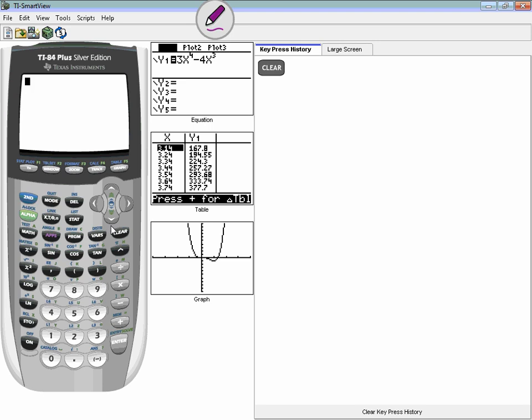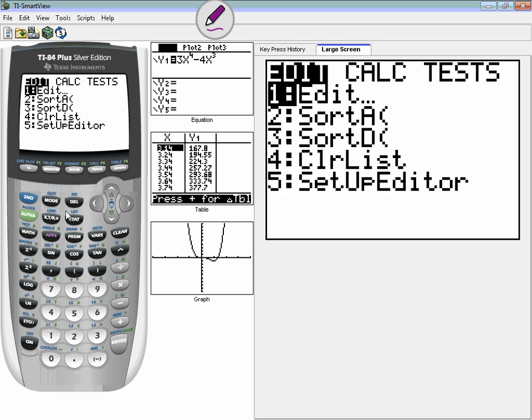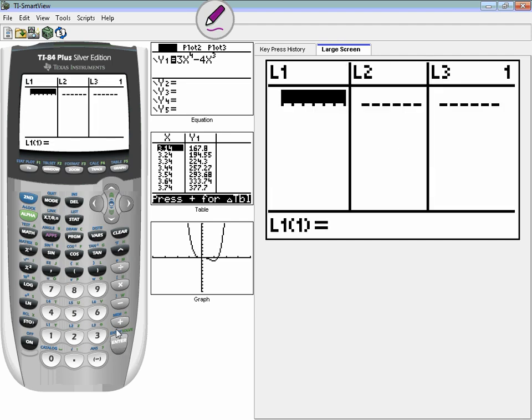All right, so our steps here. So you go to stat. Okay, you pick edit. And then list one, you are putting all of your X values. So I'm putting 2,000. You guys should be faster than me since I have to do it up here.